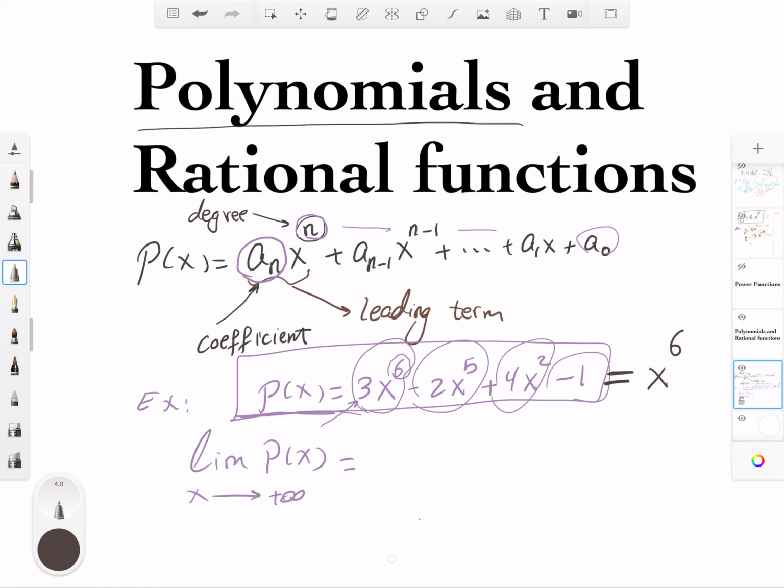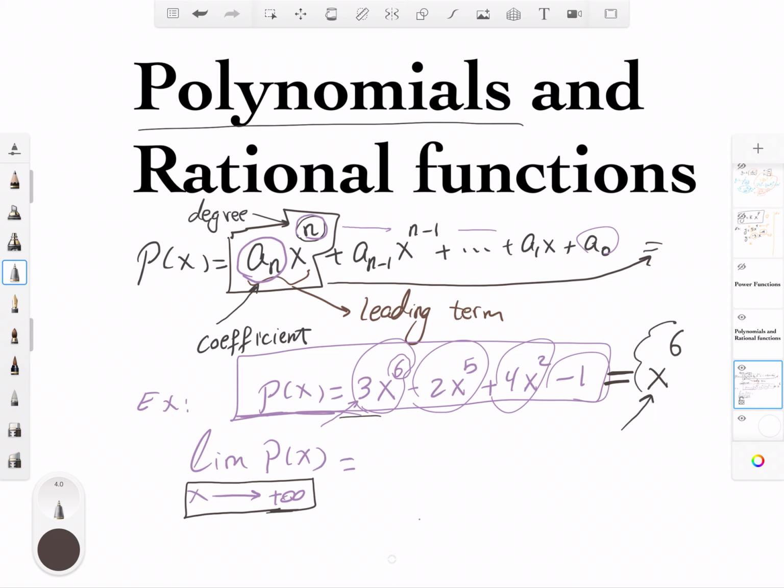On the long run, on positive or negative infinity, any polynomial will behave the same as its leading term. So if you know what's happening to this graph, it will be the same as this graph. X to the power of 6 is positive even, it will look like a U. So when we go to positive infinity, this graph will go to positive infinity. So this will be positive infinity.